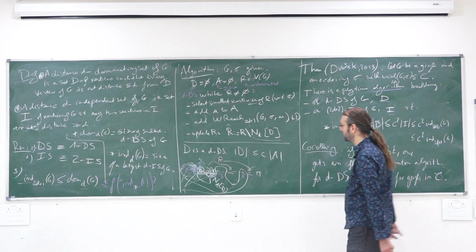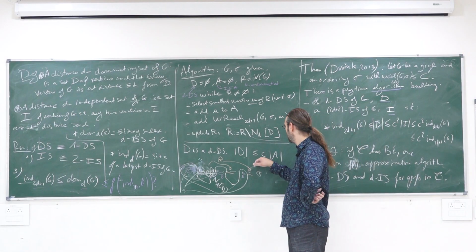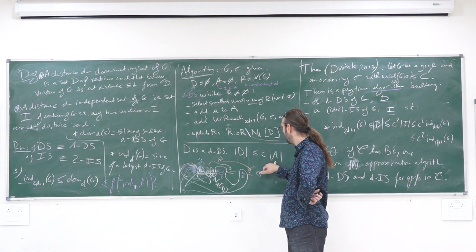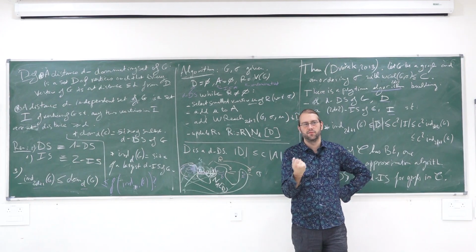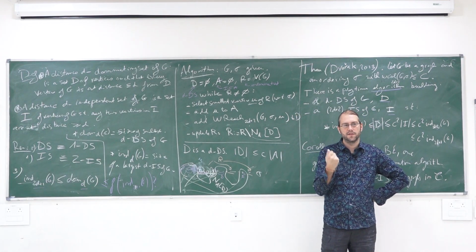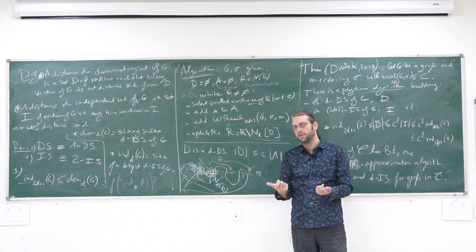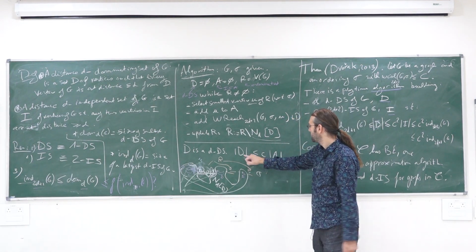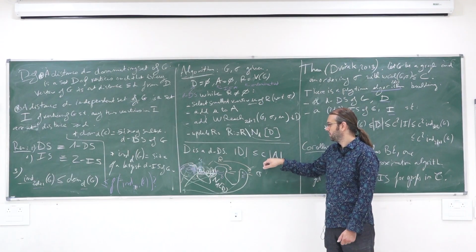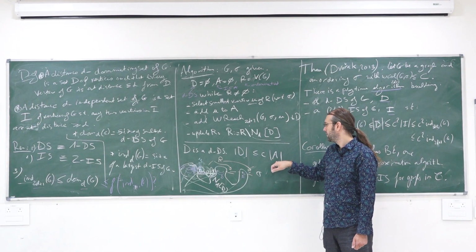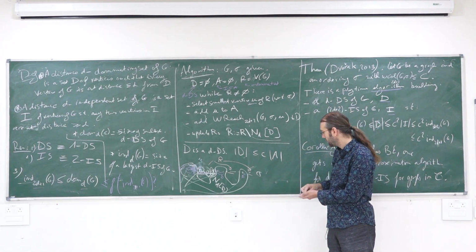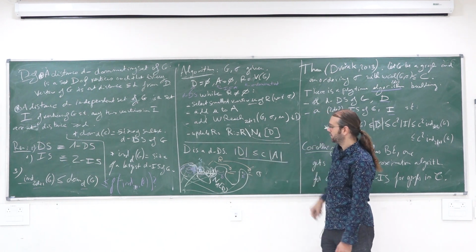And now notice that this dominating set is at most c times the size of A. Why? Because at each step I select one vertex, I put it in A, and the c weakly reachable vertices, I put them in D. So that means I have put at most c times the number of vertices in A inside my D. So this is my first good inequality.